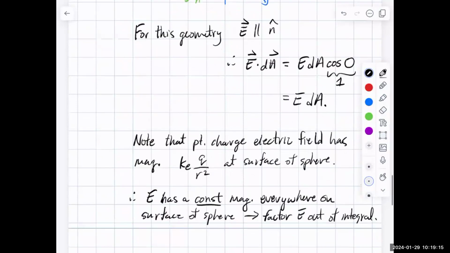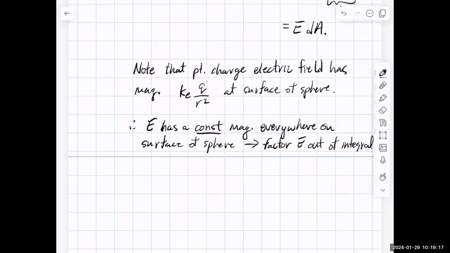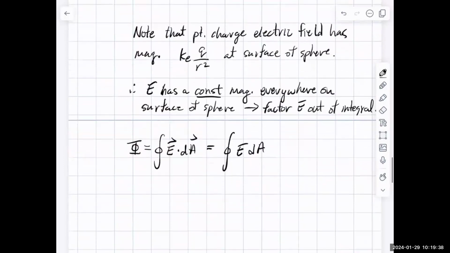All right, so let's then think about this flux calculation. The general expression is E dot dA. But for our particular case, we said E and dA are always parallel. And so the dot product goes away. Okay, and so this is because E is parallel to dA. The next thing we're going to do is we're going to say the electric field's a constant because we chose a smart geometry.